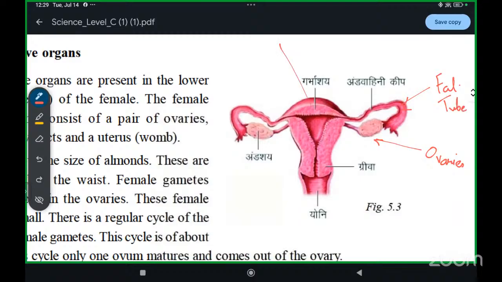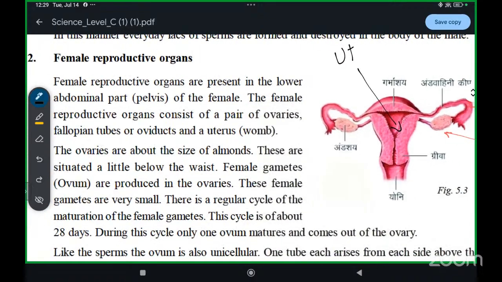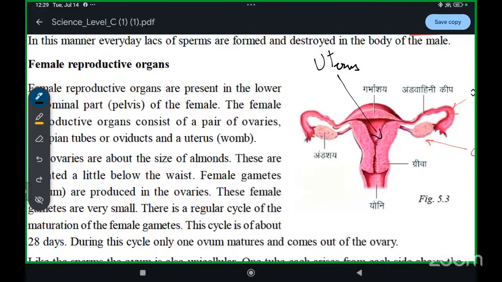This part is uterus, also called womb. Okay, this part is uterus.